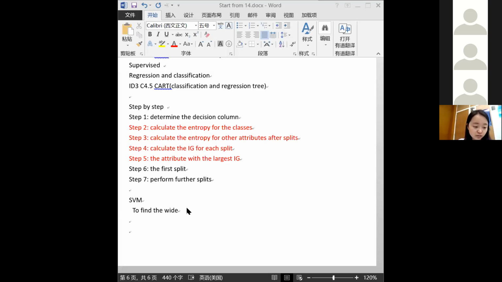That means, in another way to make it more straightforward, to find the widest road between two different samples.